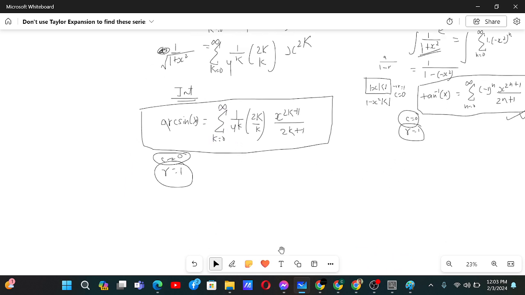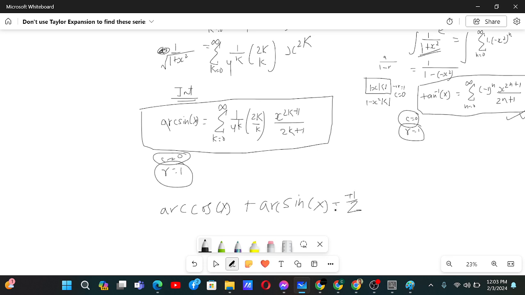Now for arc cos x, it will not be that hard, since we know that arc cos x plus arc sin x is just pi by 2. If you want to see how, you can just draw a right angle triangle. Let us name the vertices A, B, C, and let this angle be theta.